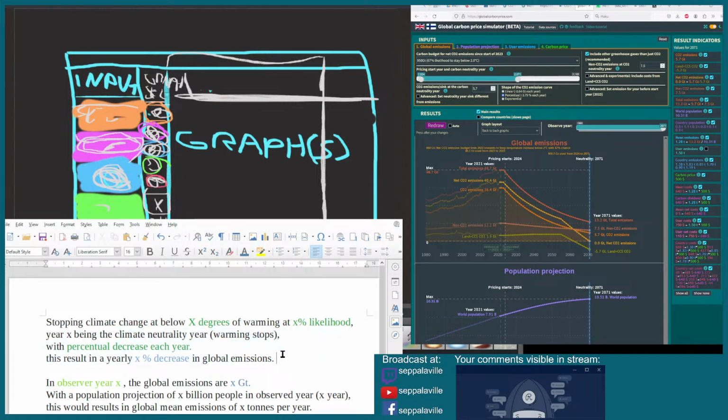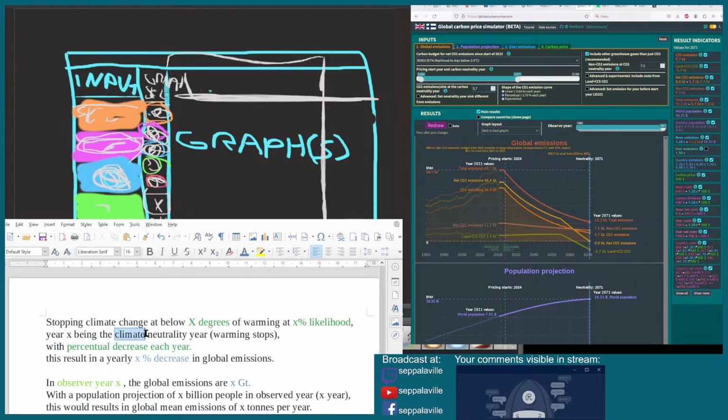Okay, so what are we selecting here? We are selecting the budget, and here is the result, or kind of describing the selection of the carbon neutrality year.